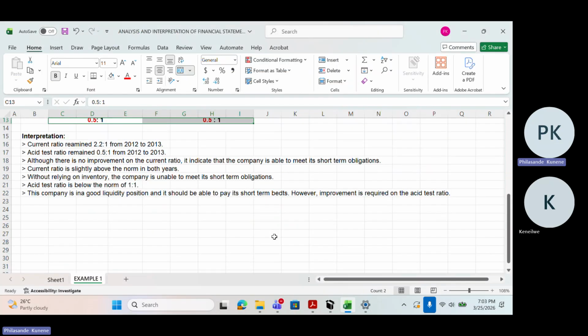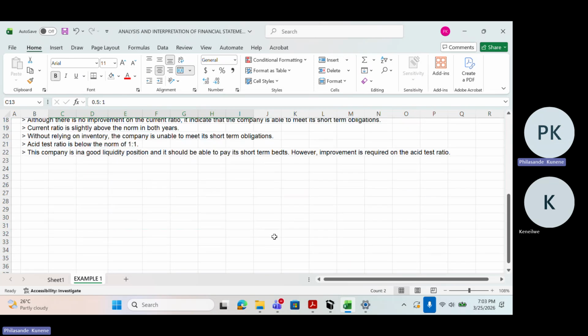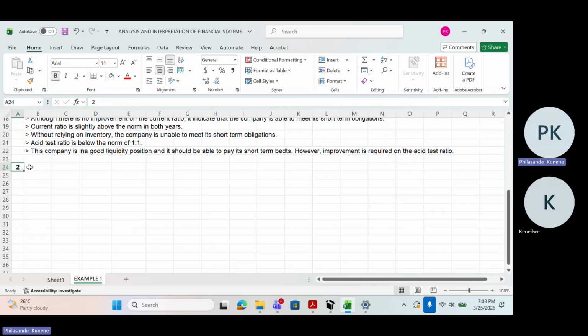If we're talking about stock turnover rates, let me just make an example of this one. If our stock turnover rate in 2013 is 15 times, then in 2012, maybe it's 12 times.